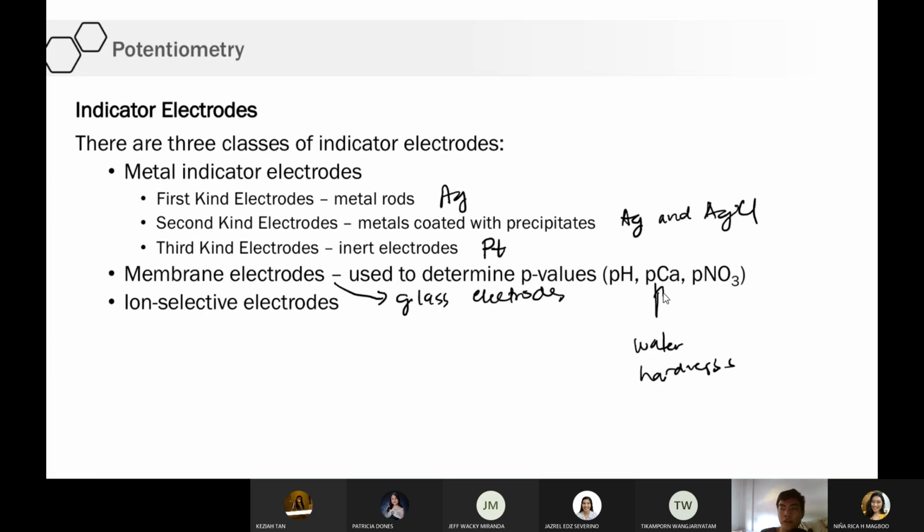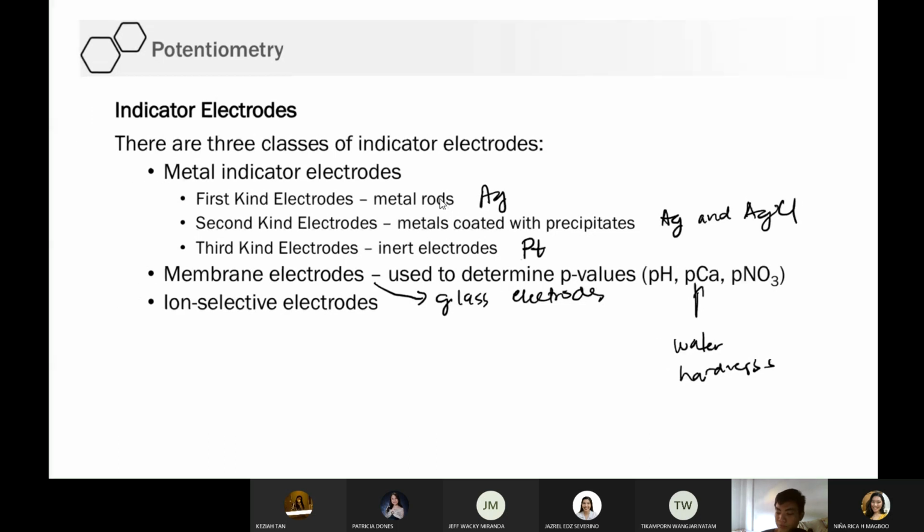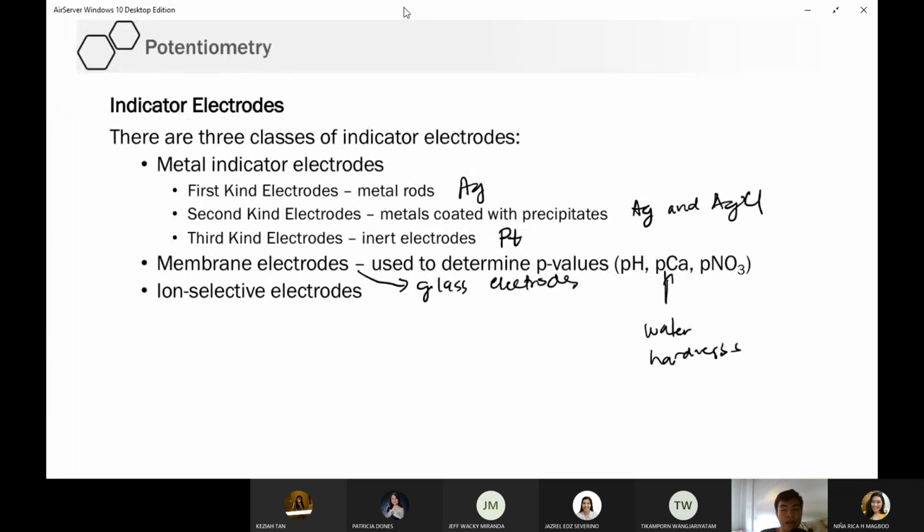For example, if you work with Maynilad or Manila Water, which are our water subsidiaries in the Philippines, and you want to determine the calcium content of your water, then you need to use a pCa meter, not the pH meter. It works with the same concept. You just submerge an electrode, then it will determine the calcium content of your solution.